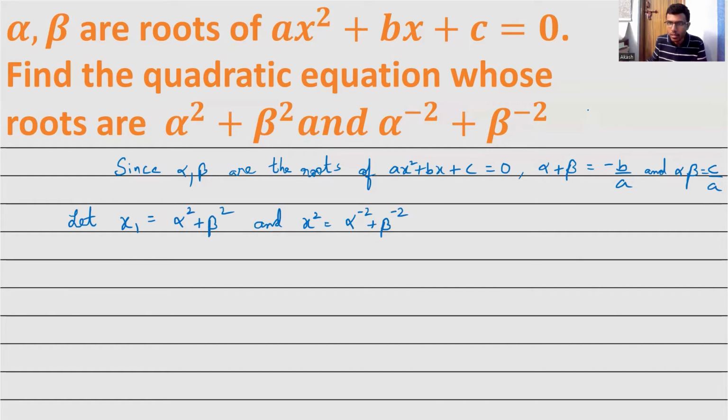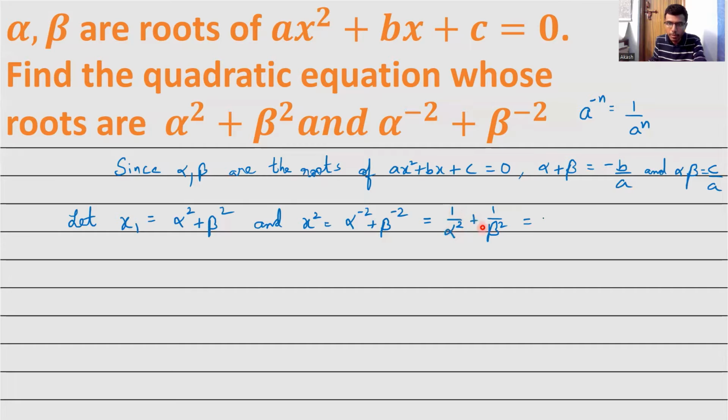Okay, there is a law from exponents that a power minus n is equal to 1 by a power n. So alpha power minus 2 is nothing but 1 by alpha square, and beta power minus 2 is nothing but 1 by beta square. So if I take LCM, here beta square is not there.